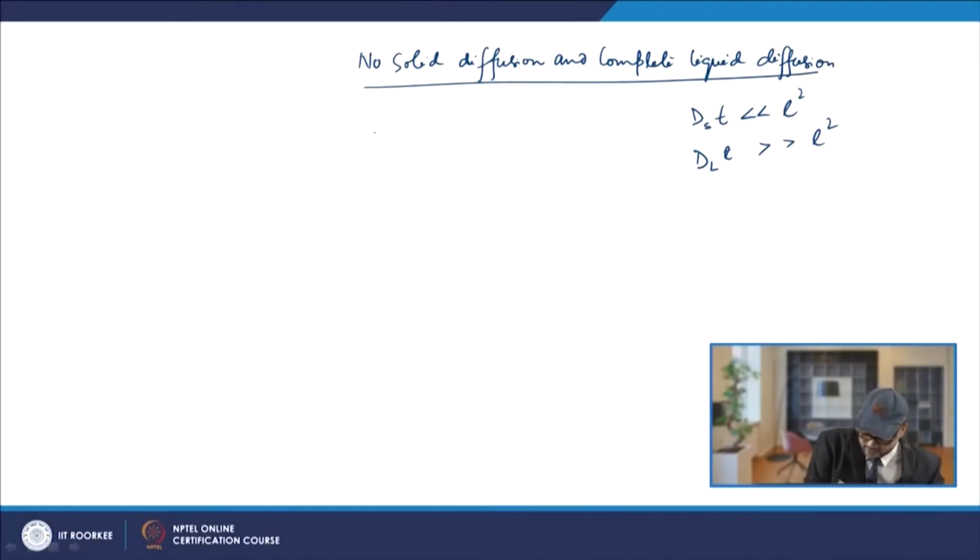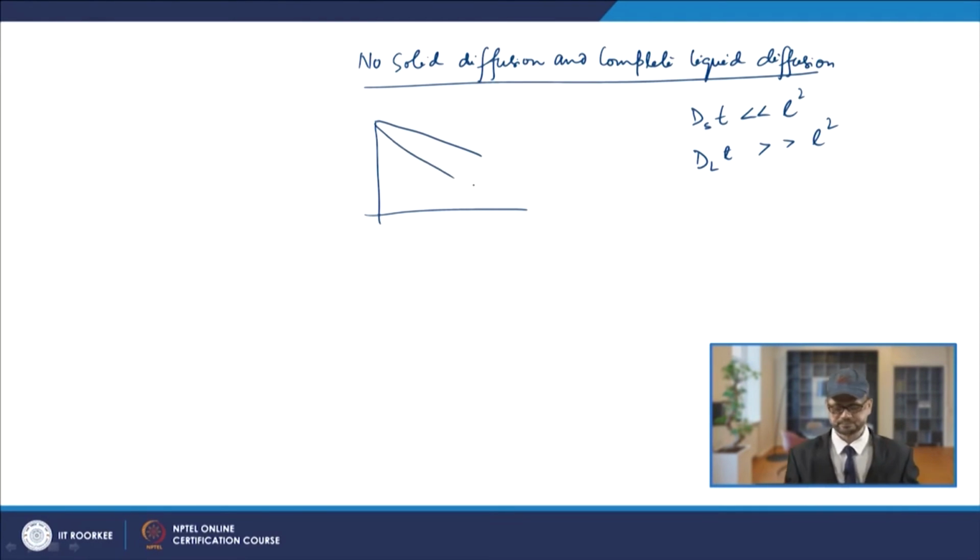That way you do not have a uniform composition of the solid formed. So, at the end of solidification, if you look at the solid phase, you do not have a uniform composition of solute.